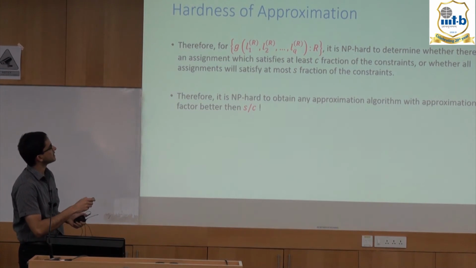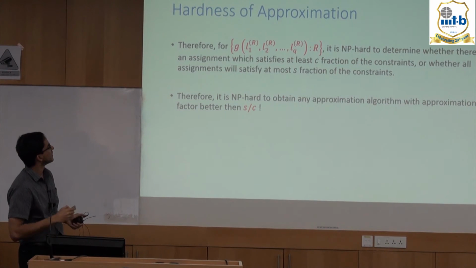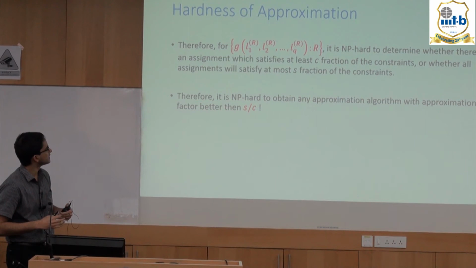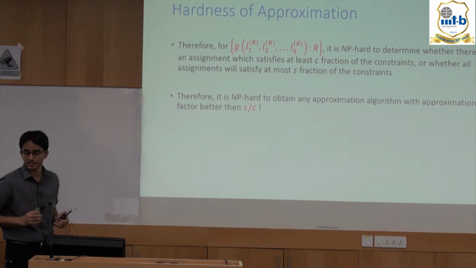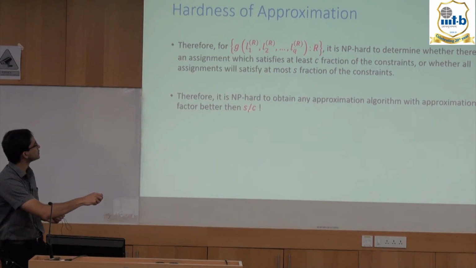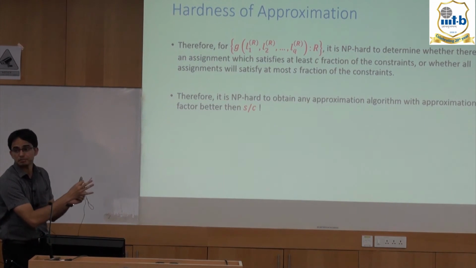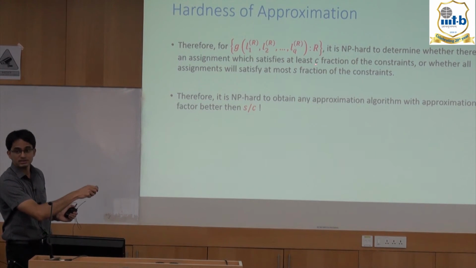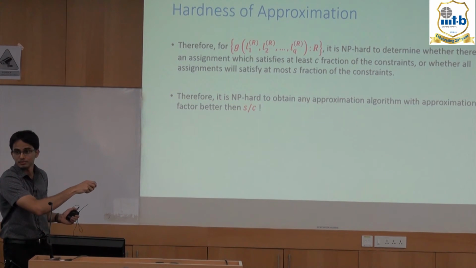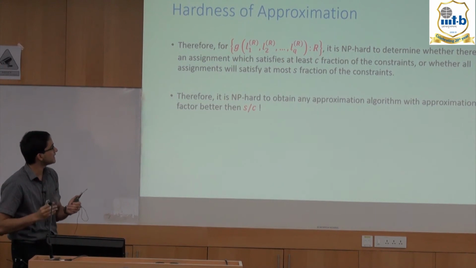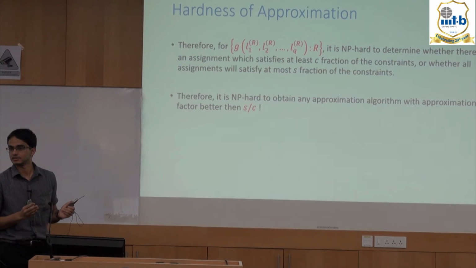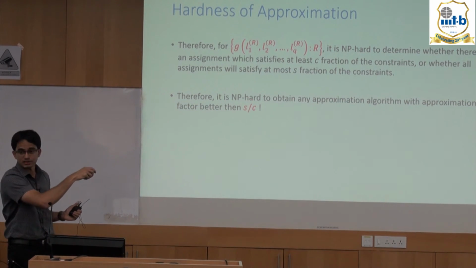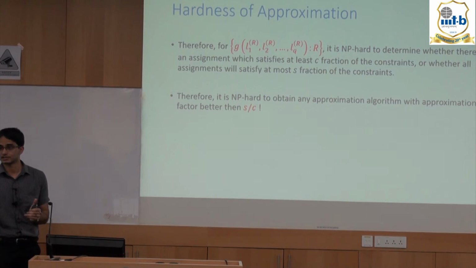You want to determine whether you are in the case where there is an assignment satisfying at least C fraction of constraints, or the case where all assignments satisfy at most S fraction of constraints. Now suppose you had an S divided by C plus epsilon approximation algorithm. What does that mean? If you're in the first case and you use this approximation algorithm, you will satisfy strictly greater than S fraction of the constraints.